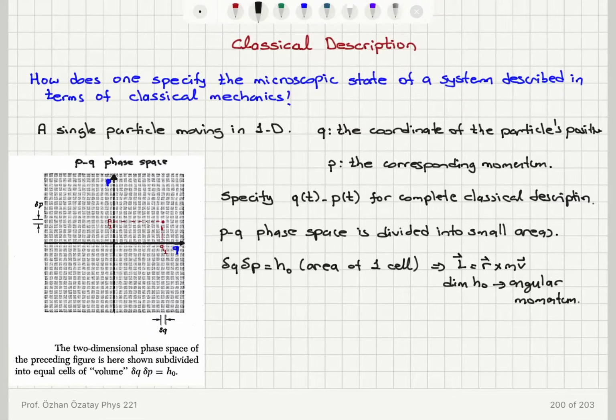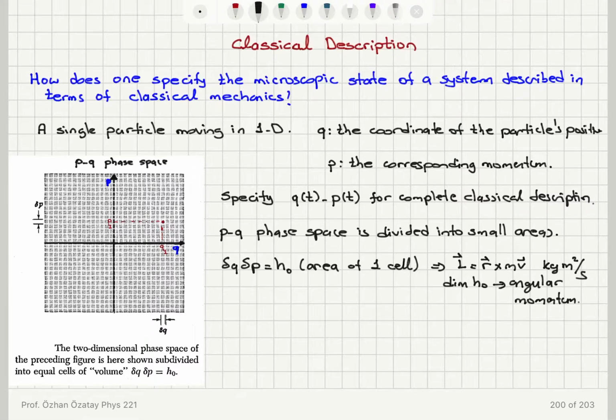So it is kilogram meter squared per second. So this would be kilogram meter squared per second as the unit.